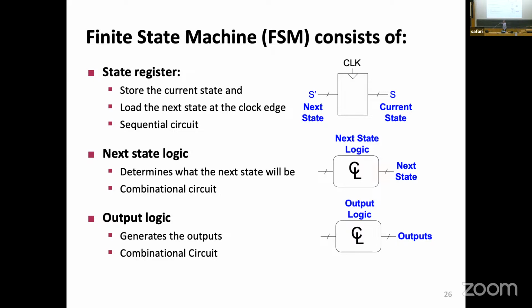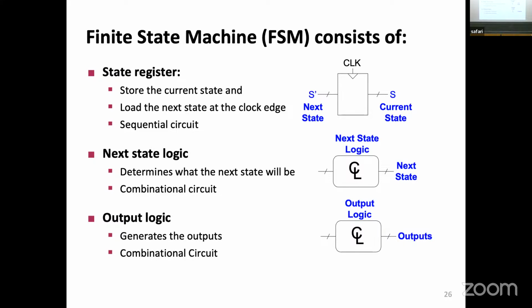And then we have the third part, which is the output logic. Because if our circuit is doing something and nobody hears about it, is it really doing something? You need an output so that this circuit matters.